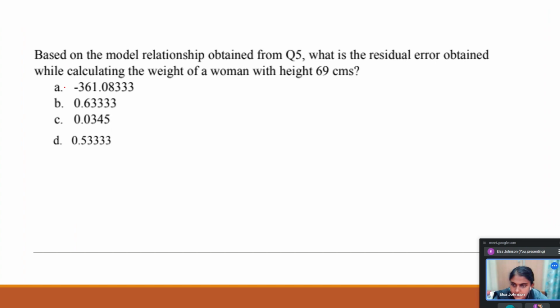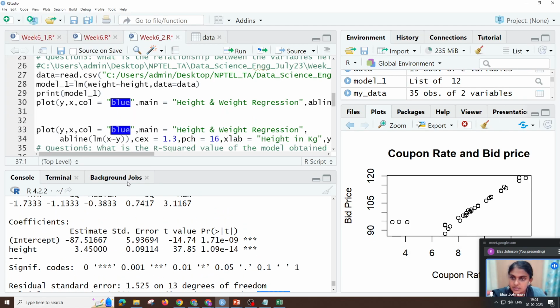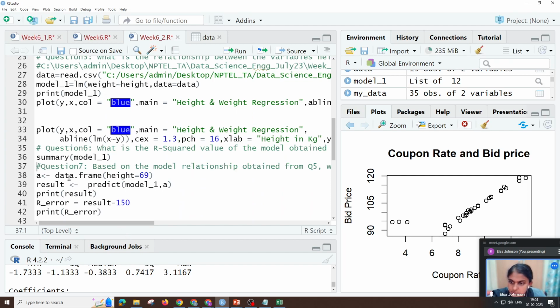Now, on the model relationship obtained from Q5, what is the residual error obtained while calculating the weight of a woman with 69 centimeters? This is similar to the earlier question when the coupon price was given as 3. I have taken the model from there here also.